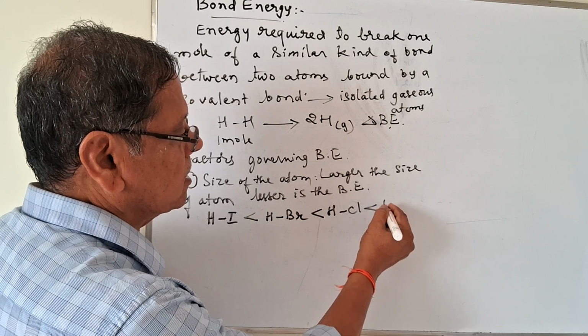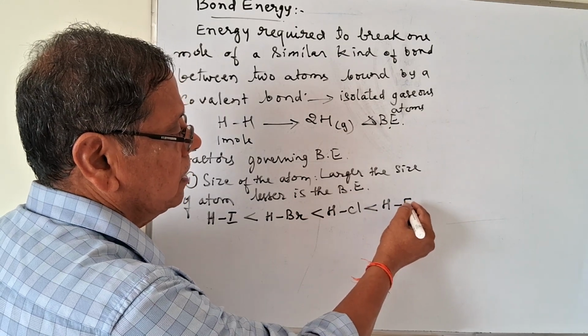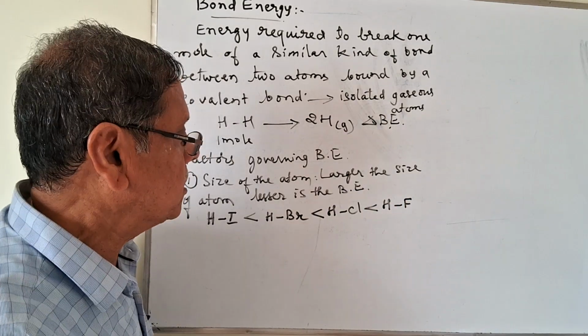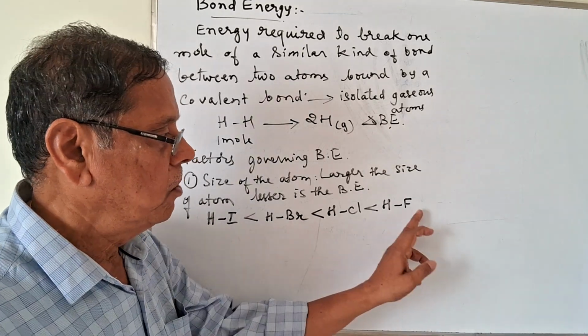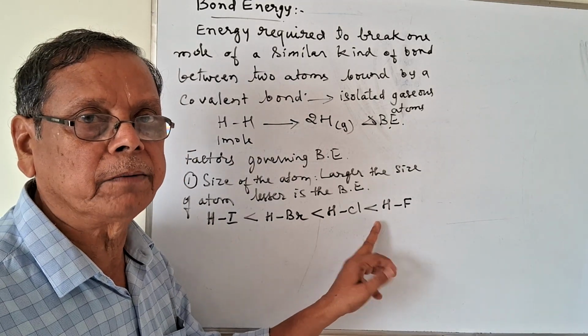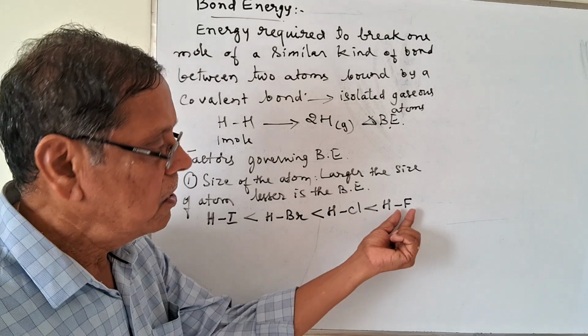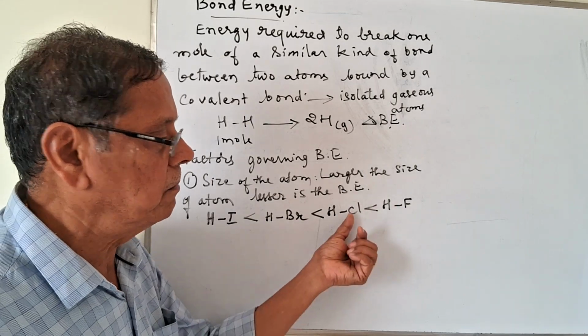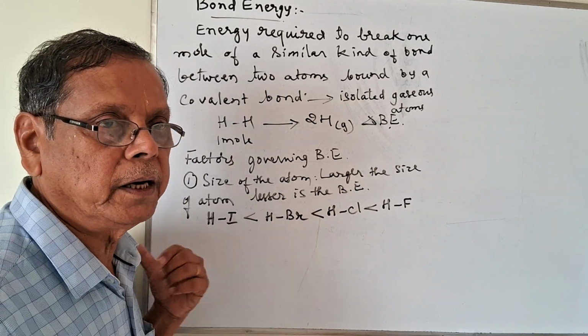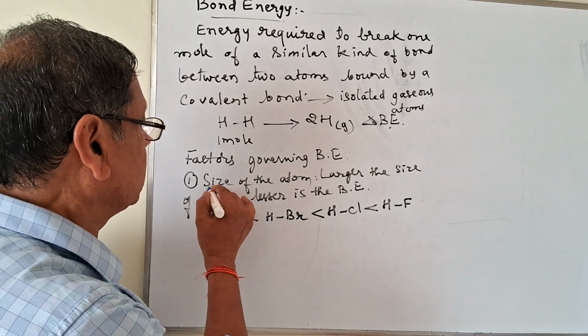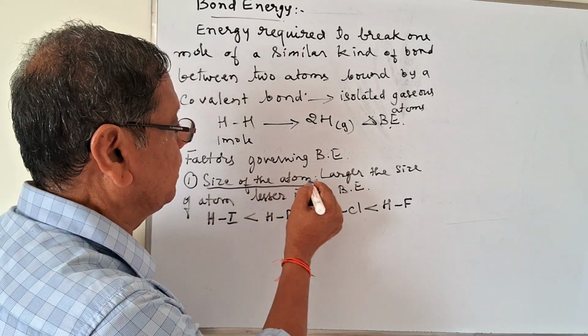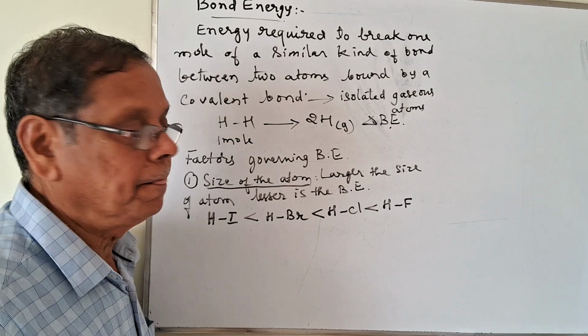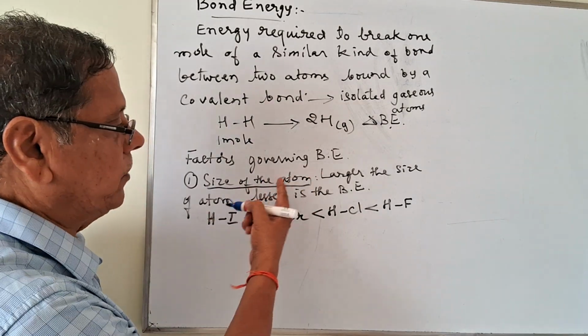Similarly, it is less as compared to the hydrogen and fluorine bond. That means among the hydrogen halides, more energy is required to break the bond between the hydrogen and fluorine atom, because fluorine atom is smaller in size as compared to the chlorine, bromine and iodine. So this is one property that governs the bond energy, size of the atom.